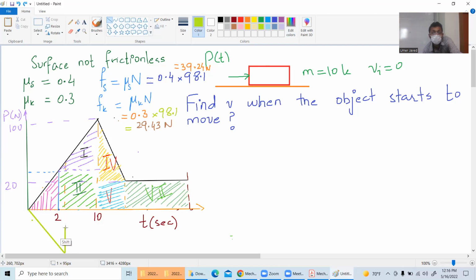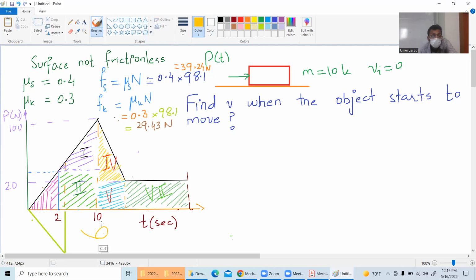So 39.24 will correspond to, well, give me the time, 3.924.